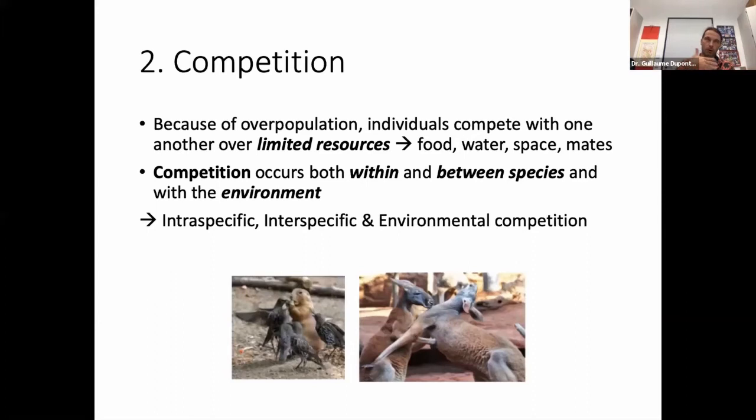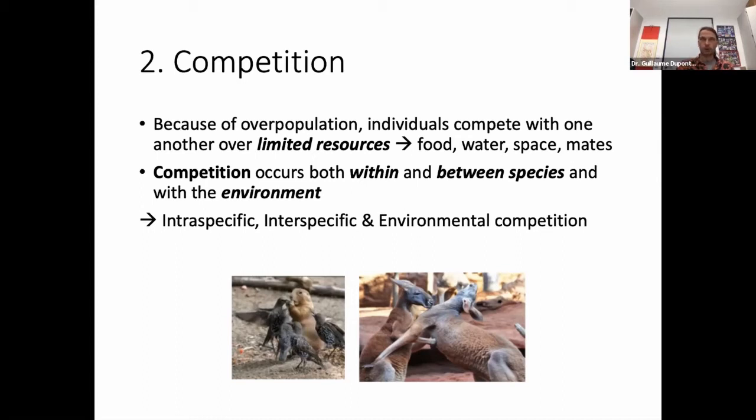Because of overpopulation, because we have a large number of individuals, especially juveniles, there's a large competition for limited resources. Think about birds in a nest. Sometimes if a young juvenile is a little bit larger than the other, sometimes they kick the other out of the nest just to ensure that they get all the food.